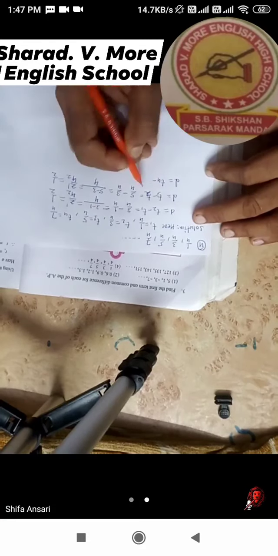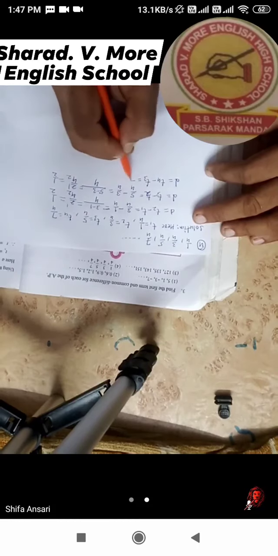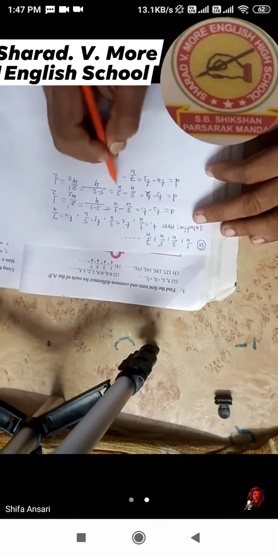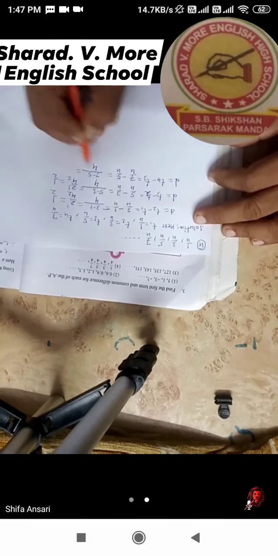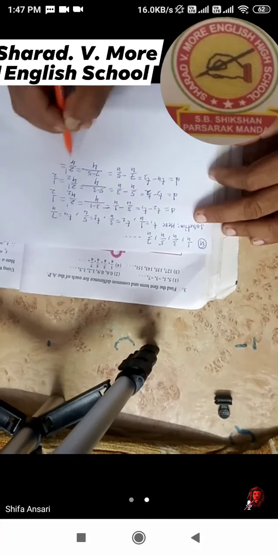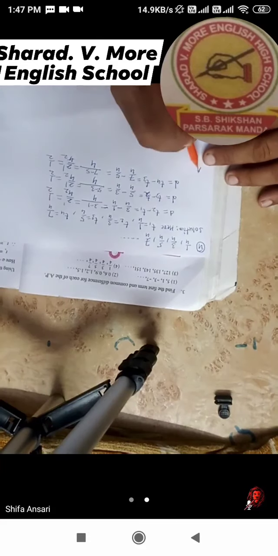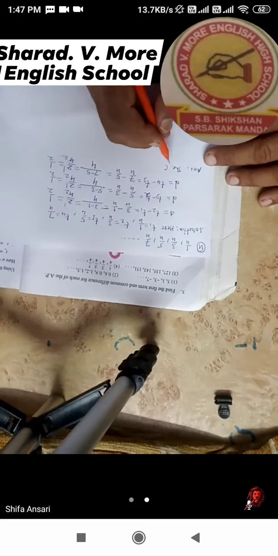Now T4 minus T3. T4 is equal to 7 upon 4 minus T3, 5 upon 4. This is equal to 7 minus 5, which is equal to 2 upon 4. 2 1s are 2, 2 2s are 4. Now this is equal to 1 upon 2. Okay, now write down the answer. The common difference is 1 upon 2 and the first term is 1 upon 4.